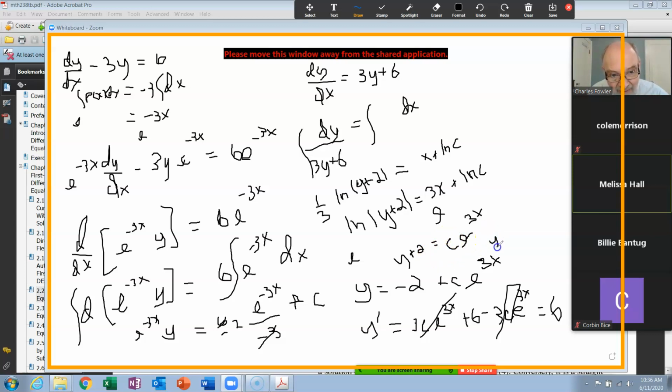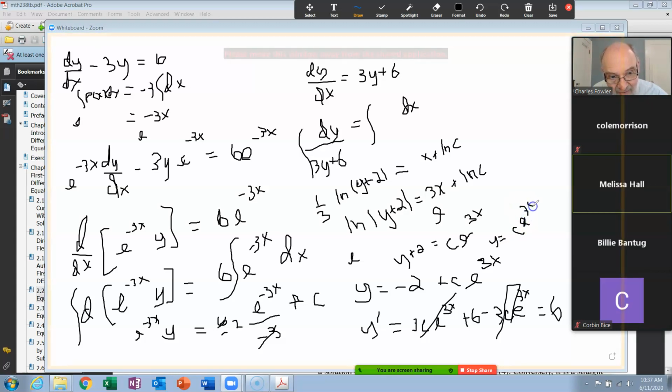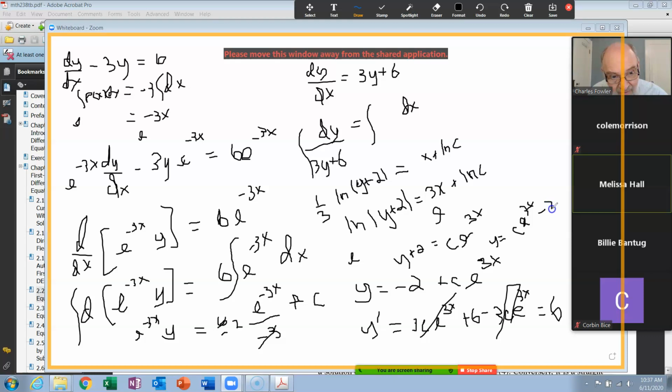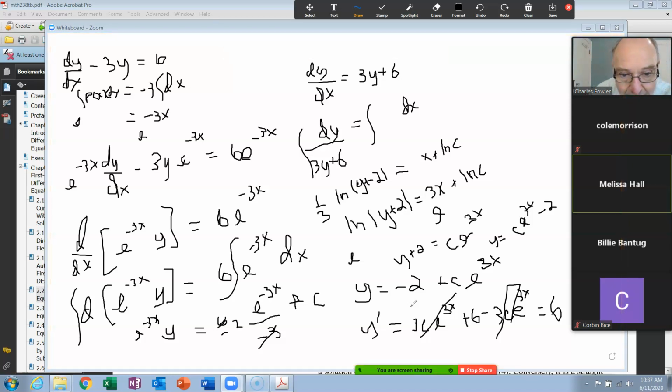So y is equal to c e to the 3x plus minus 2. Okay, and what did we get before? Y is equal to c e to the 3x minus 2. Well, I wrote the minus 2 in front before, wrote it after here. Same answer both ways. I had that on the other side, it was c e to the negative 3x.